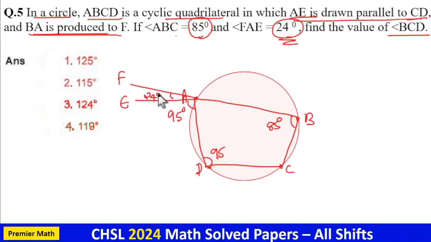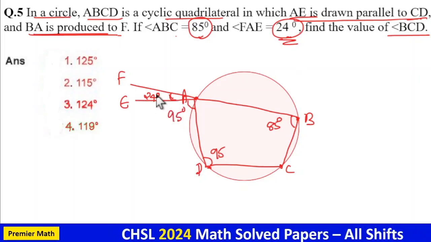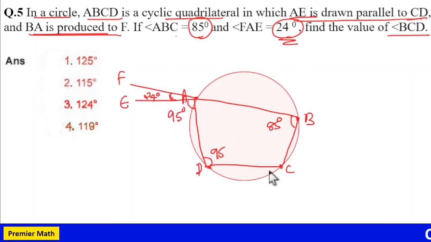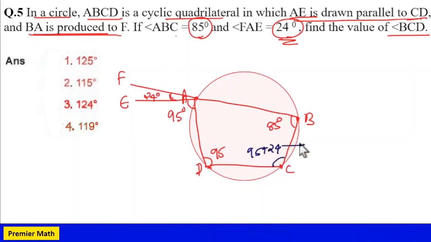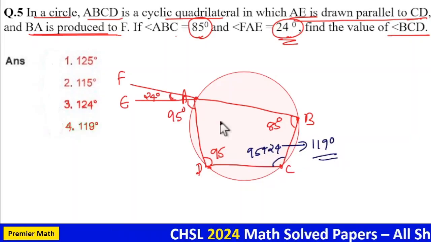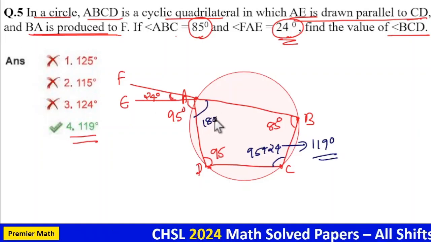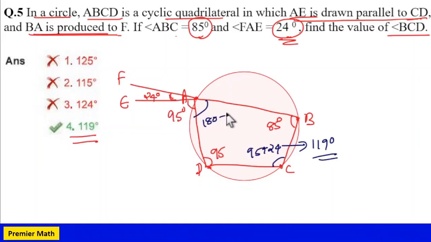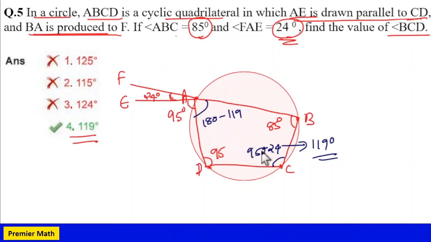This is 24 degree. Which means if these two angles are 95 and 24, then this angle is equal to 95 plus 24, that is 119 degree. Option 4 is your answer. Because this angle is equal to 180 minus 95 plus 24, that is 190. Then the opposite angle is equal to 190 degree.